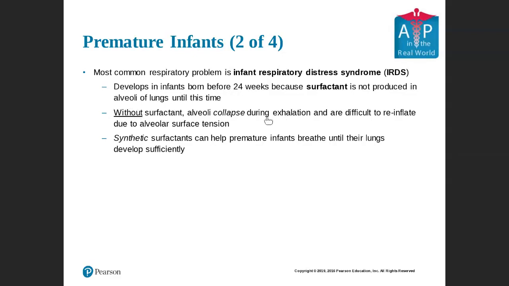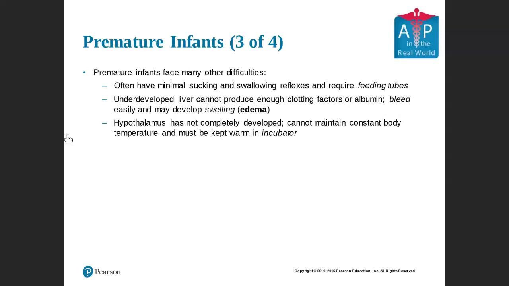Without surfactant, the alveoli collapse during inspiration, and they're difficult to reinflate due to the alveolar surface tension. Synthetic surfactants can also help premature infants breathe until their lungs can develop sufficiently. That's why they sometimes have to stay in the hospital for a number of months if they're born prematurely.